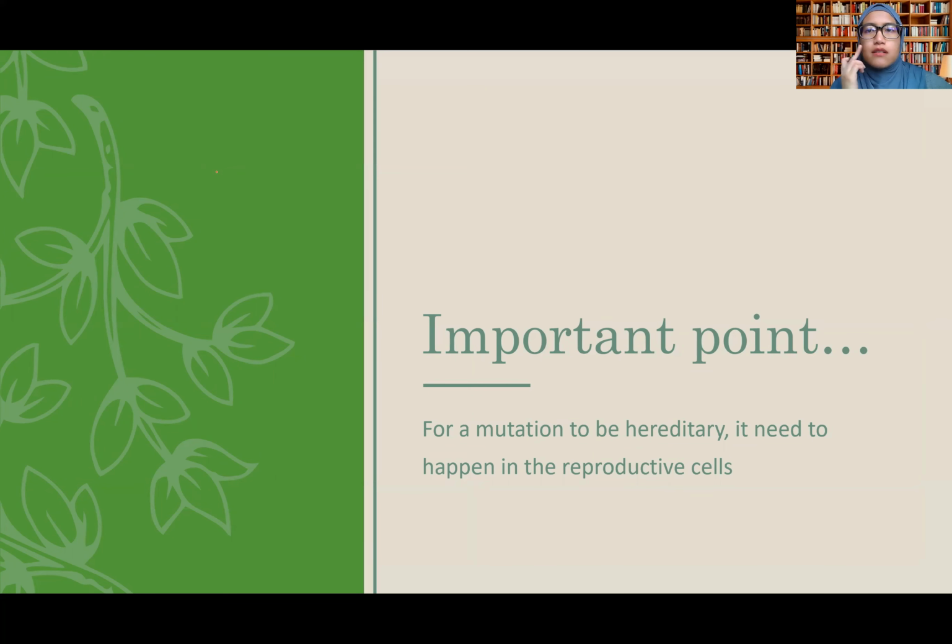Okay, if, for example, you develop it here, it will only affect you here, unless it replicates and moves around your body and you develop cancer and things like that. But it will only affect you. For a mutation to be able to be passed down to your children, it needs to happen in the reproductive cells. So that means ovum and also sperm.